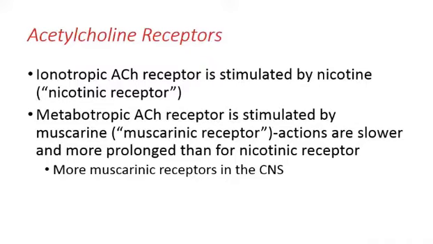The muscarinic receptor's actions are slower and more prolonged than the nicotinic receptor's because they rely on the second messenger system for the opening and closing of ion channels, whereas the nicotinic ionotropic receptors open and close the ion channels much more quickly and directly. There are more muscarinic receptors in the central nervous system and more nicotinic receptors in the peripheral nervous system and skeletal muscle.